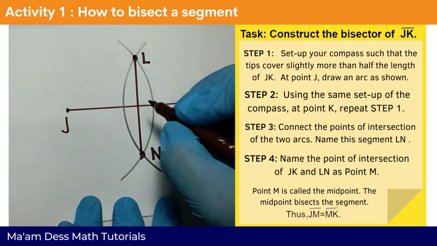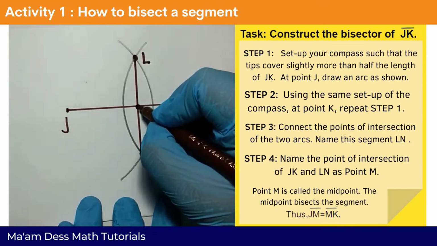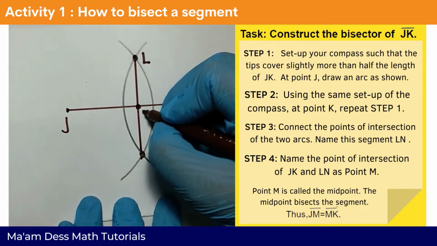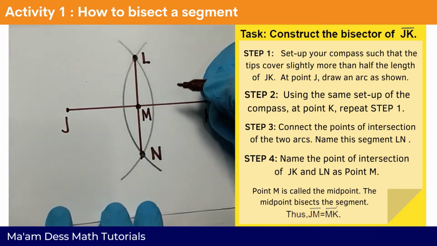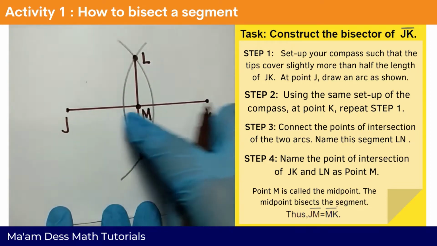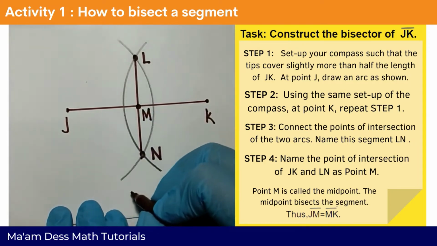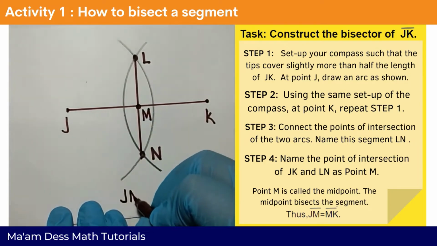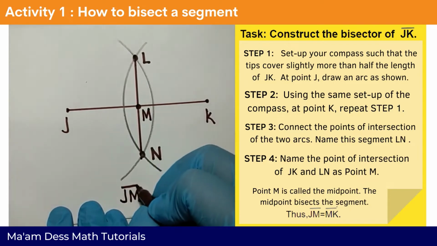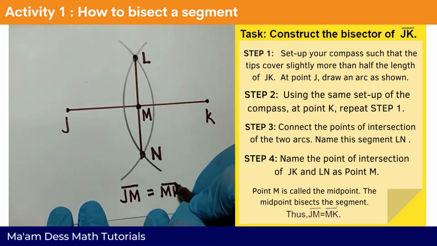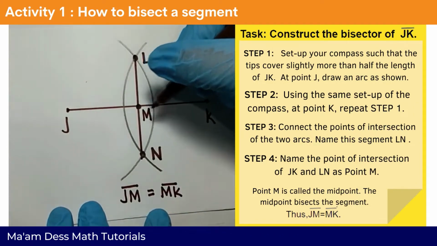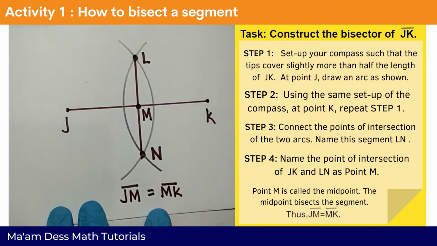After that, this point of intersection in the center must be labeled with point M. And therefore, as you can see, line segment JM is equal to line segment MK. Okay, so again, M is our midpoint.